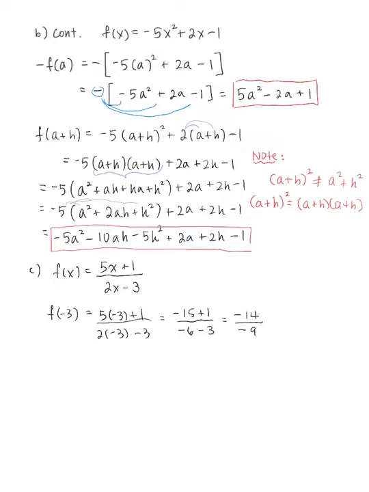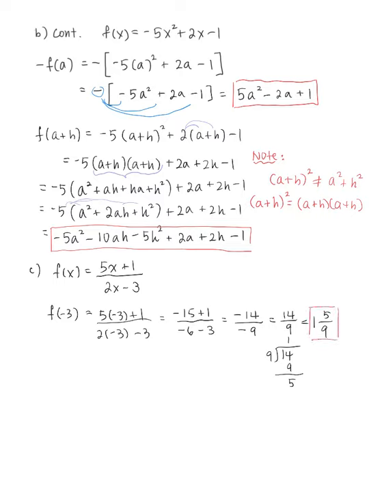Please note negative over negative makes it into a positive. So this is 14 over 9, which is the same thing as 1 and, let's go, 14 divided by 9. It goes in once, so you get a 9. Remainder is 5. So it's 1 and 5 over 9. That's going to be our answer.